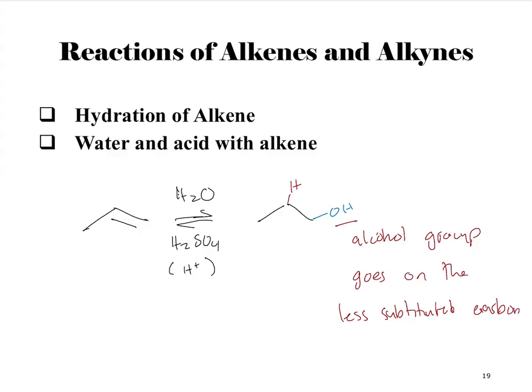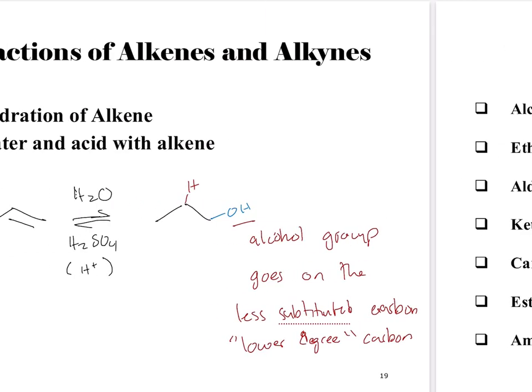And what we'll talk about, this is the lower degree carbon. And all that means is the degree of the carbon just tells you how many other carbons it's bonded to, right? So this creates a primary alcohol because it goes on a 1 degree carbon, because that carbon is only bonded to one other carbon atom.